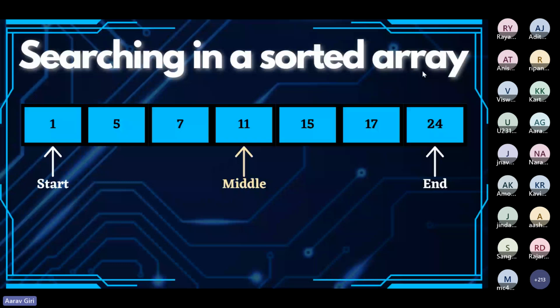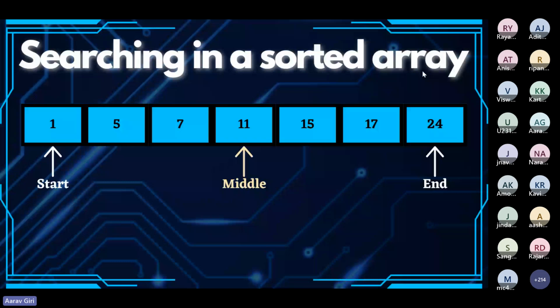Now what I need to do is check: is this middle element what I want? Is it 15? I'm searching for 15. No. So now you see, this is the significance of the array being sorted. Since it's sorted, I know every element left side of 11 is less than 11 and everything right side of 11 is greater than 11.